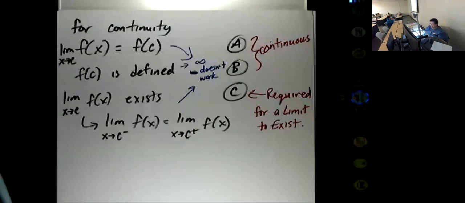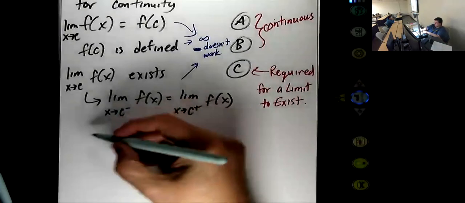If it's going to infinity, we've probably got a 0 in the denominator when we put c in for x, which means it's not defined there. F of c is not defined when the limit is infinity.